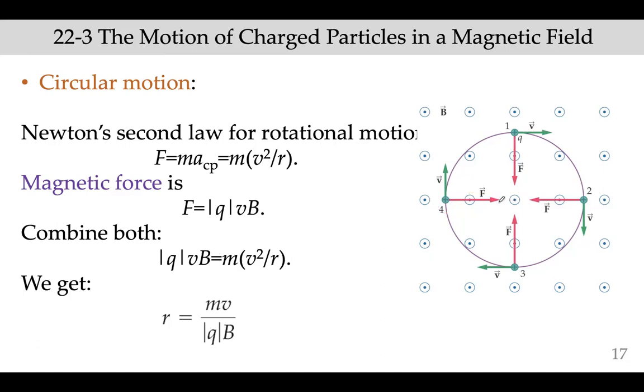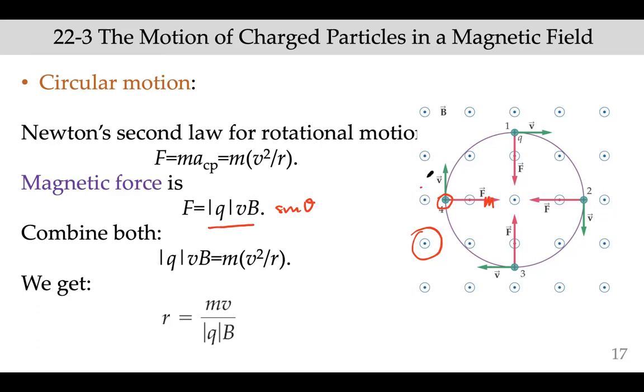But here, this force is the magnetic force, because there's velocity, there's charge, it's positively charged, and there's also a magnetic field. Now, what is the magnetic force? We learned it. It's QVB. We also have sine theta here, but the angle between the velocity and the magnetic field is 90 degrees here. Why?